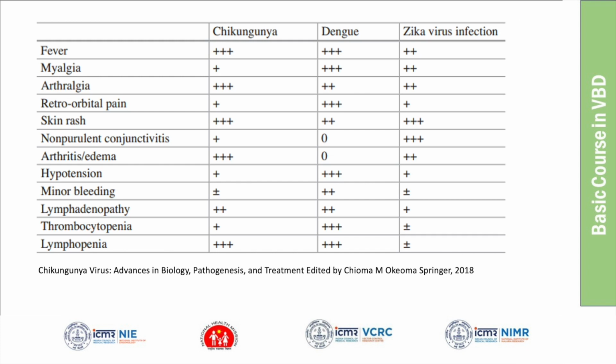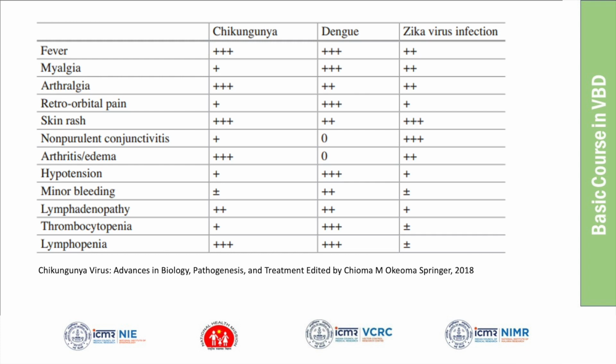Similarly, BP will be low in dengue. That's why there is hypotension, shock, dengue shock syndrome. Lymphocytes also will be low in chikungunya and dengue. So is it clear now from the symptoms?